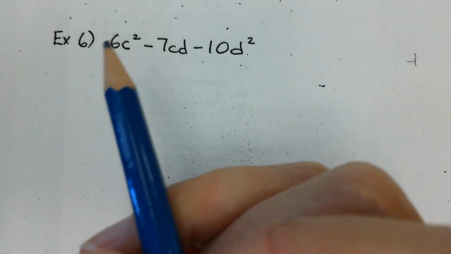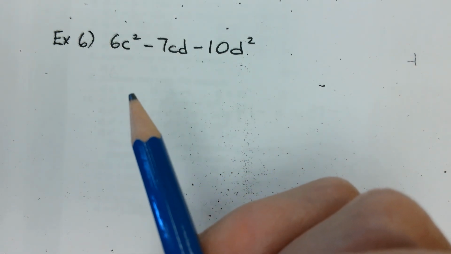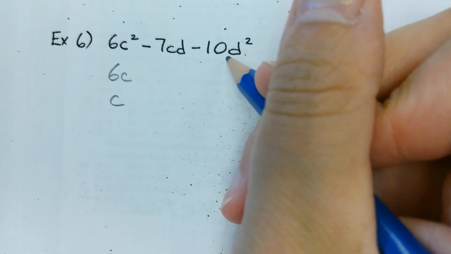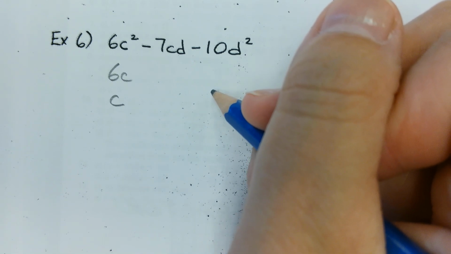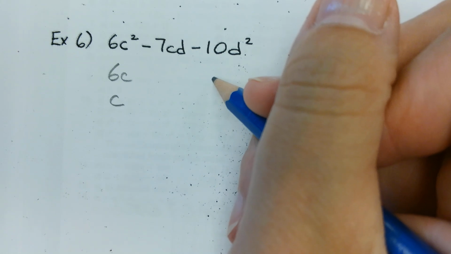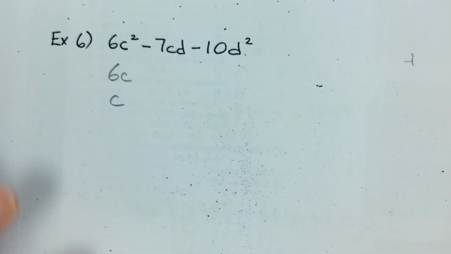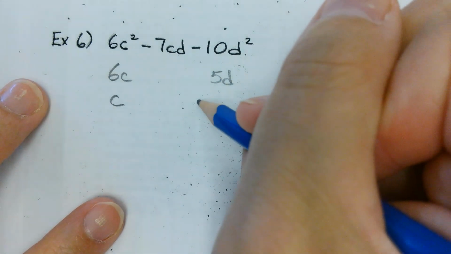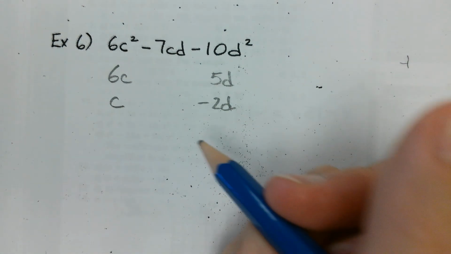Okay, so 6c squared, what can I break that up as? 6c and c. Okay. What about the negative 10d squared? I did it a different way. Okay. So let's be consistent first. 5d and negative 2d. Yeah, that works.